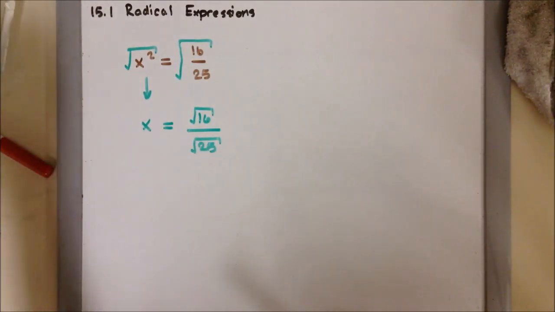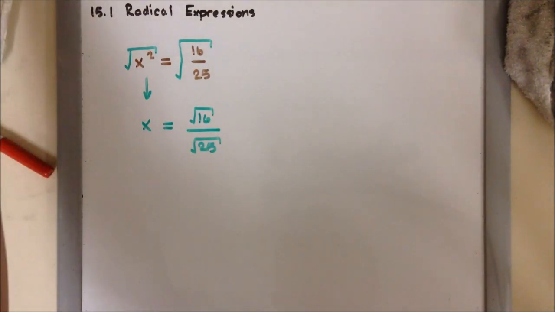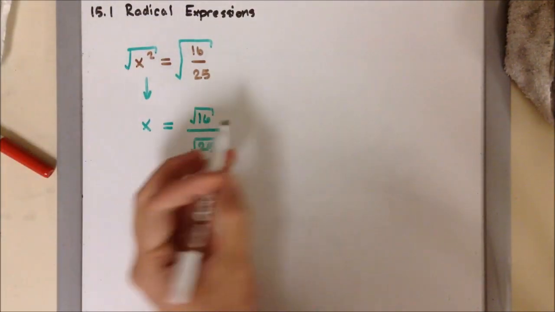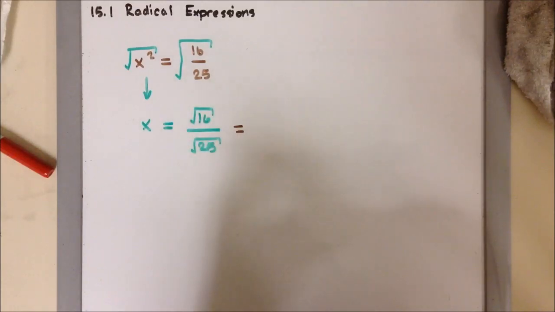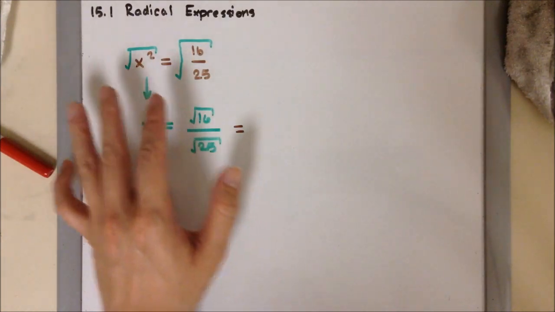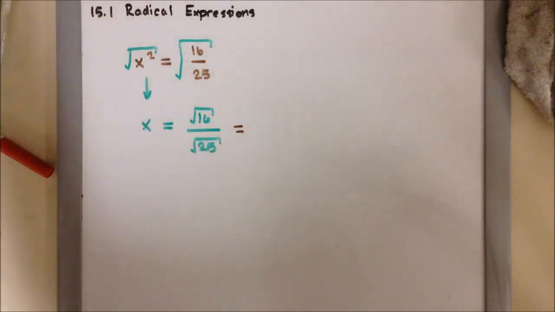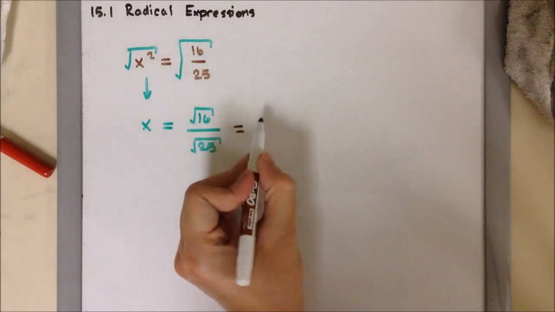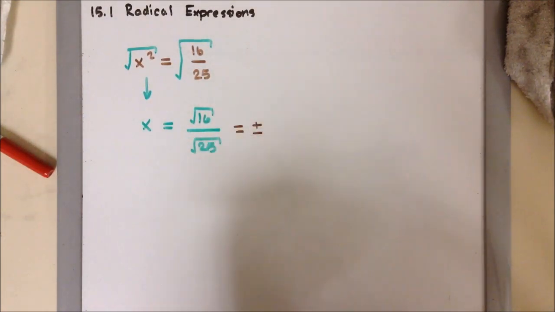In the first one, square root of 16, we're going to do the numerator first. Before we do the square root of 16, since we're solving for x squared, you should know that you're solving for two solutions, which are the positive and negative roots.